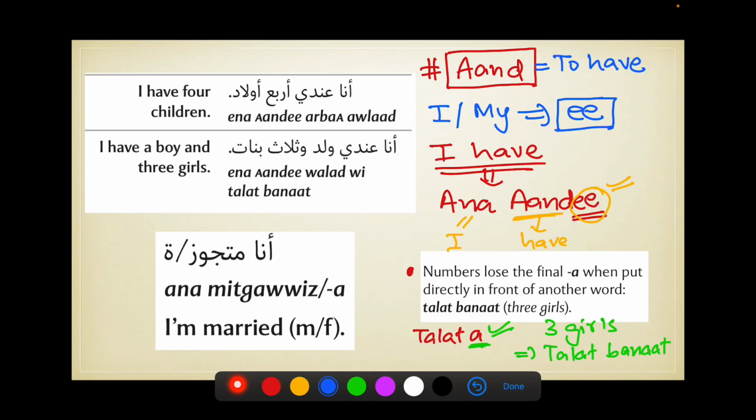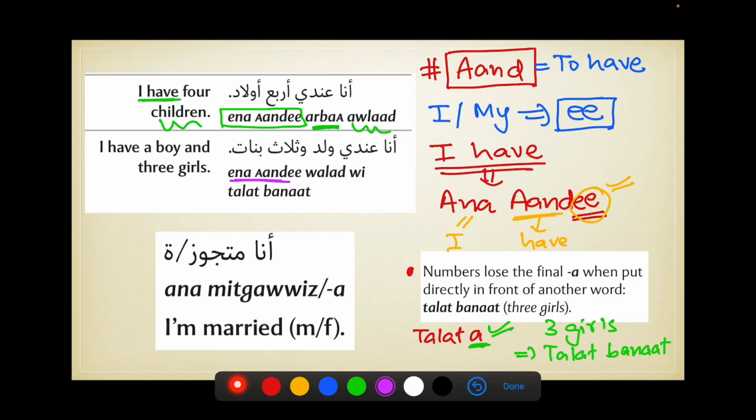So now, if I have to say I have 4 children, I will write ana عندي. For 4, I will write arba, and for children, I'll write أولاد. So the Arabic for I have 4 children is أنا عندي 4 أولاد. And now, if I have to say I have a boy and 3 girls, I will say أنا عندي, which is I have.